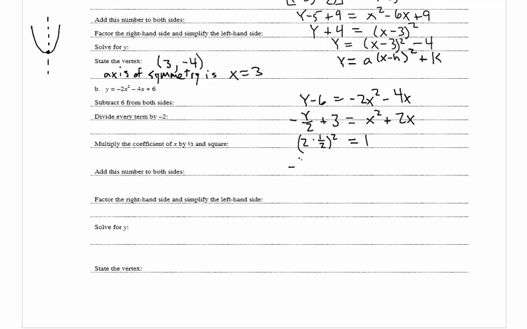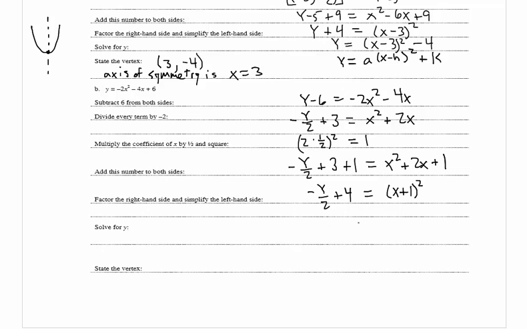So we have negative y over 2 plus 3 plus 1 is equal to x squared plus 2x plus 1. And now we want to factor the right-hand side and simplify the left-hand side. On the left-hand side, we have negative y over 2 plus 4 is equal to, and we want to factor the right-hand side, which is x plus 1 squared.